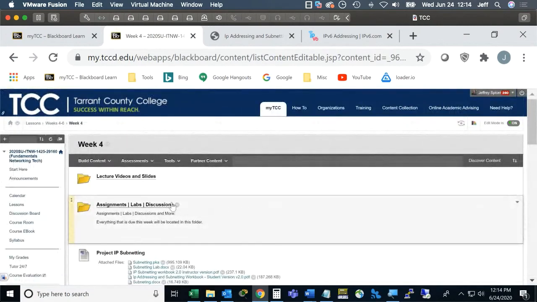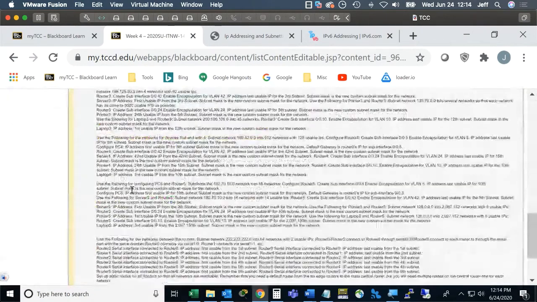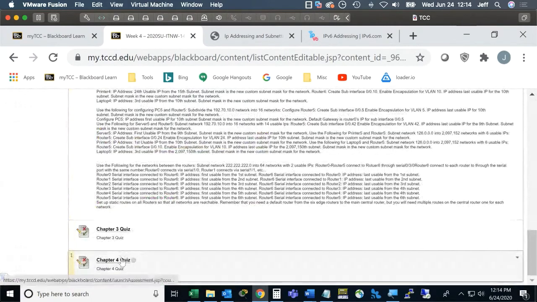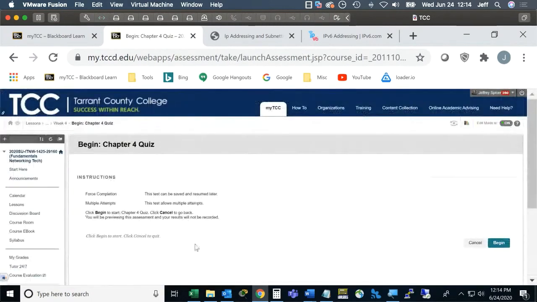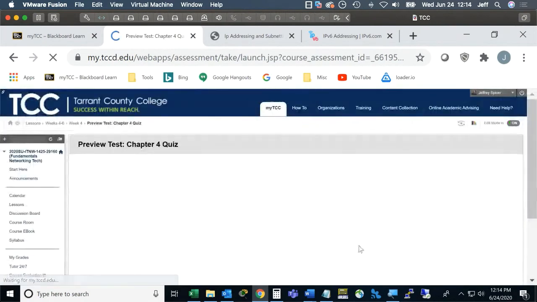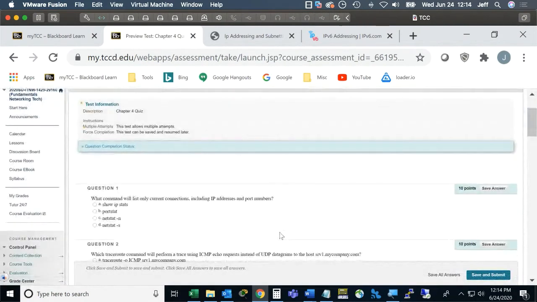All right, let's go to chapter 4. Which command will list only current connections, including IP addresses and port numbers?